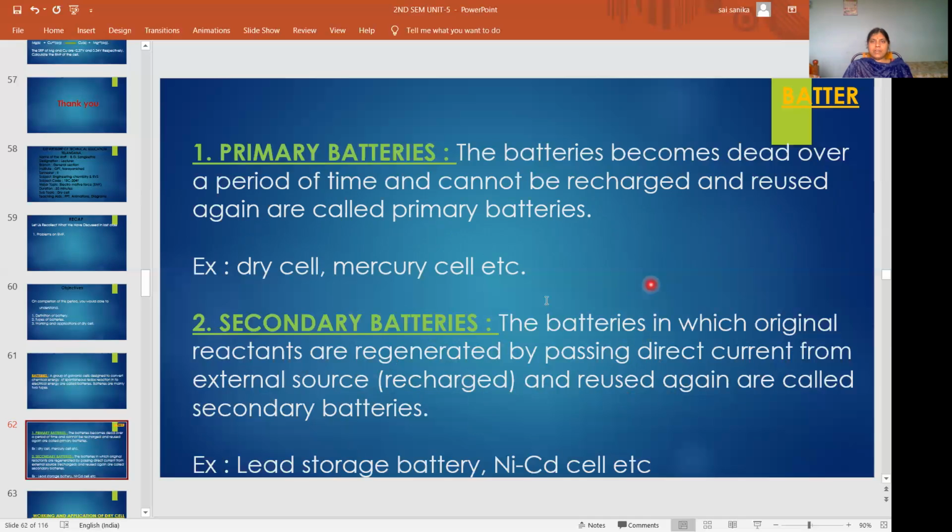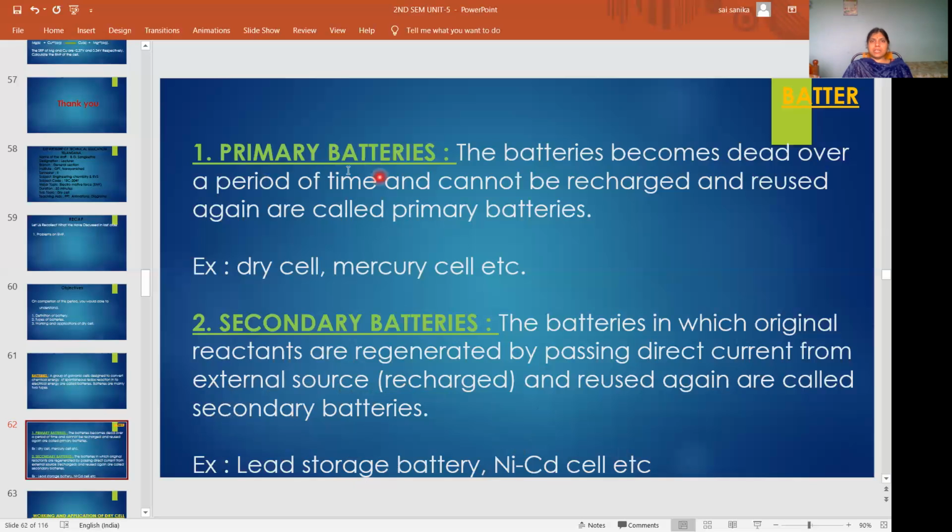Here we are regenerating the reactants by passing direct current from an external source and using them again. That means we can recharge those batteries and use them again and again. Rechargeable batteries are called secondary batteries. Examples for secondary batteries: lead storage battery, nickel cadmium cell.